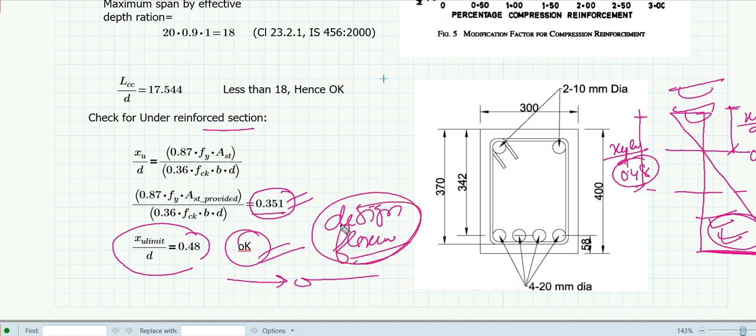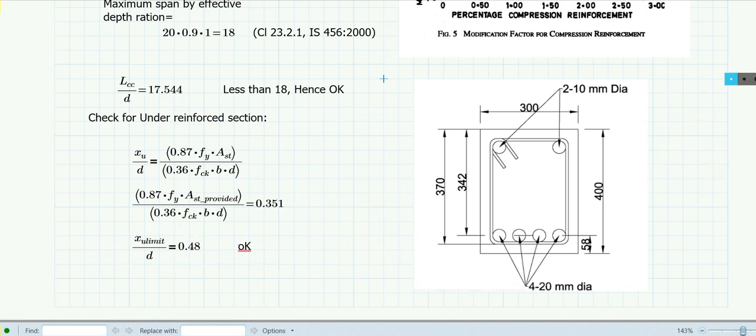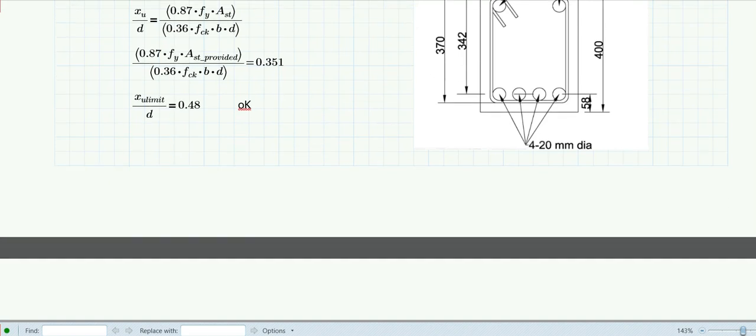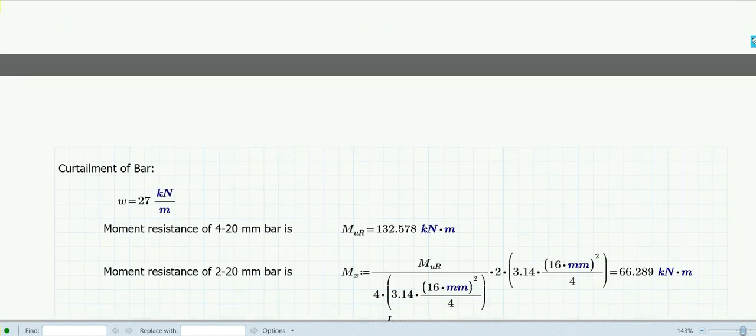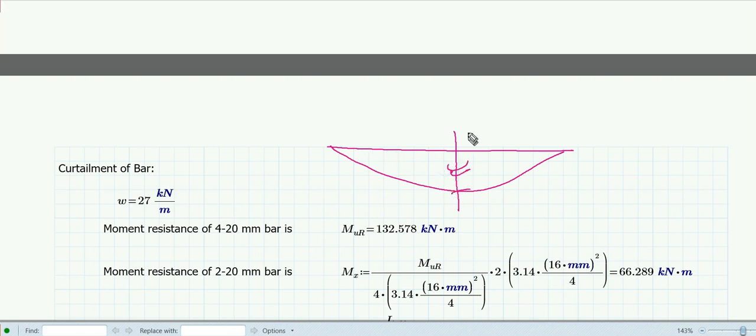In the next class we'll be discussing curtailment of bars. You have seen that the BMD is something like this, with the maximum at the center, where we need 4-20 mm Tor bars. That is fine, but as you go near the support, the moments are less, so four bars are not required.